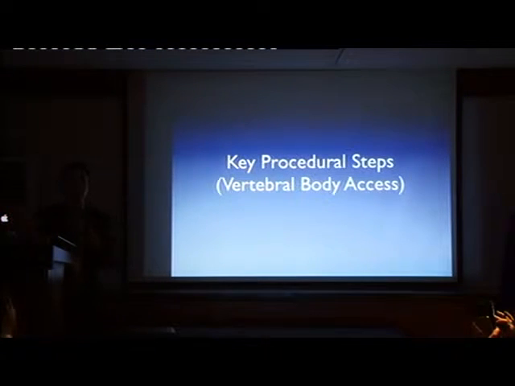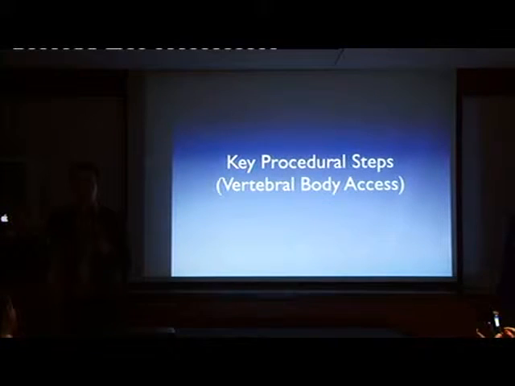So I'm going to talk about the procedural steps, and it's typically very difficult to get fellows to think in 3-dimension. So a really easy way to think about this is a stepwise approach in accessing your vertebral body through the pedicle.